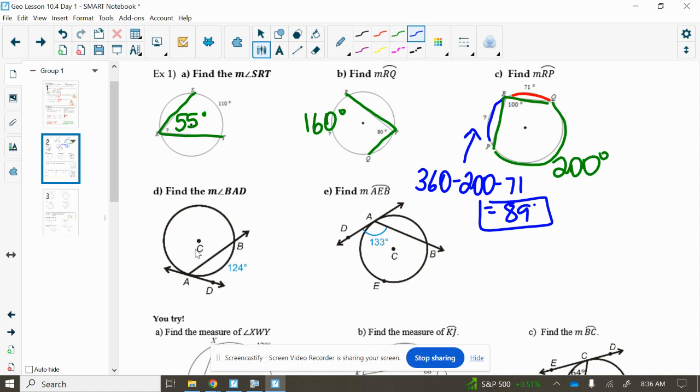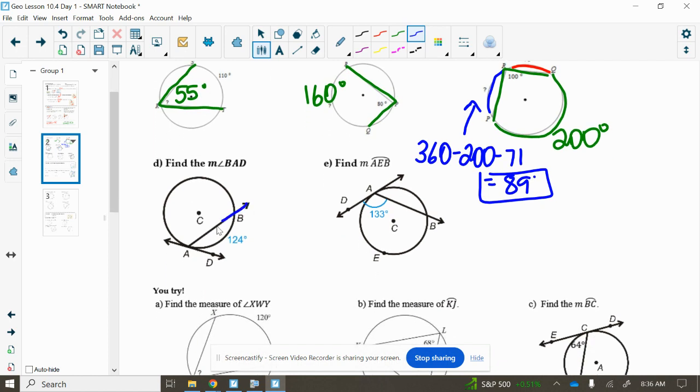Down in example D, we are looking for the measure of angle BAD, again, an angle on our circle. So it is going to be, again, half the measure of that arc it is opening up onto, in this case, BD. So half of 124 would give us an angle measurement of 62 degrees.